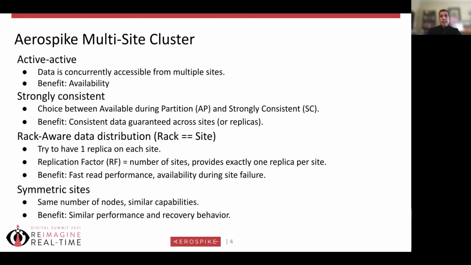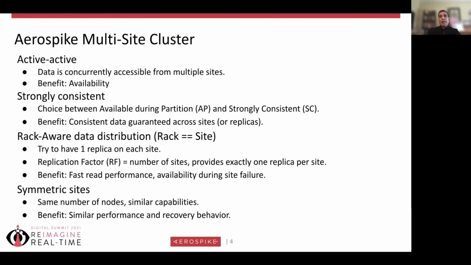And this is a very important thing because it enables two key benefits, two key properties of multi-site cluster. One is fast read performance. Because now that you have all the data available on each site, the reads can be local. And that means they can be very fast as opposed to having to go to another site, which could be geographically distant.